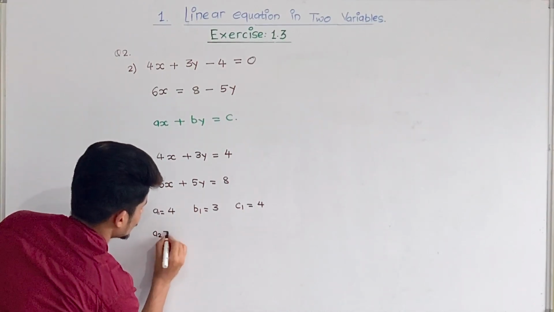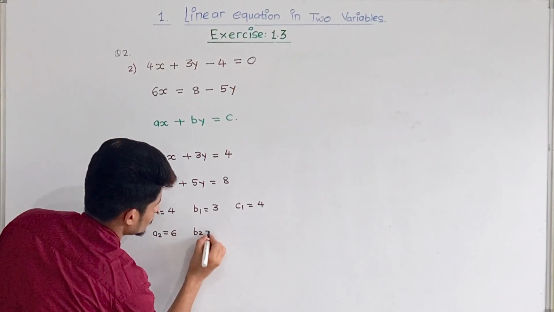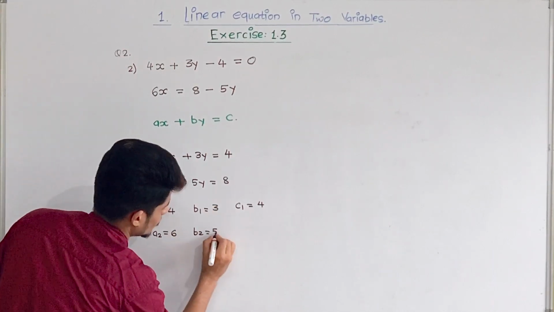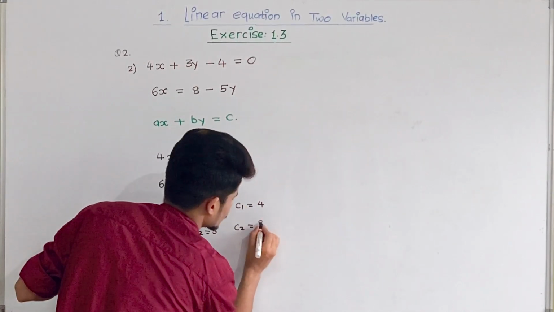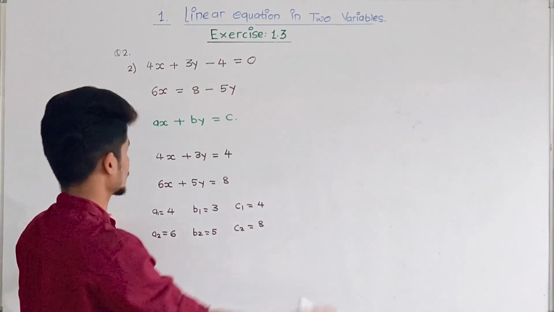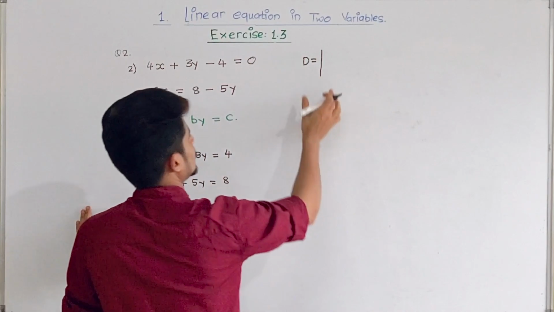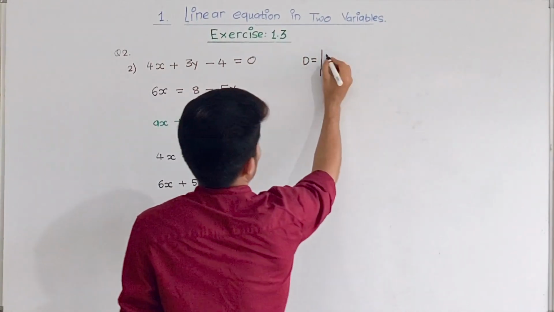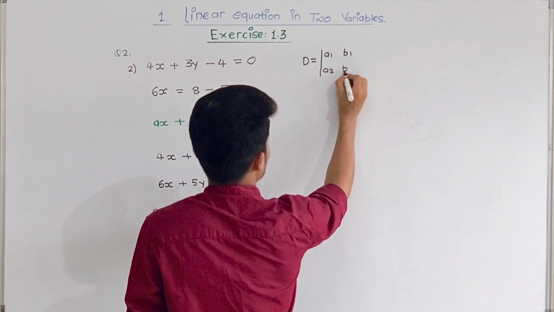Now the value of a2 is 6, b2 is 5 and the value of c2 is 8. Now we'll find the value of determinant. D is equal to, the numbers will be a1, a2, b1, b2.